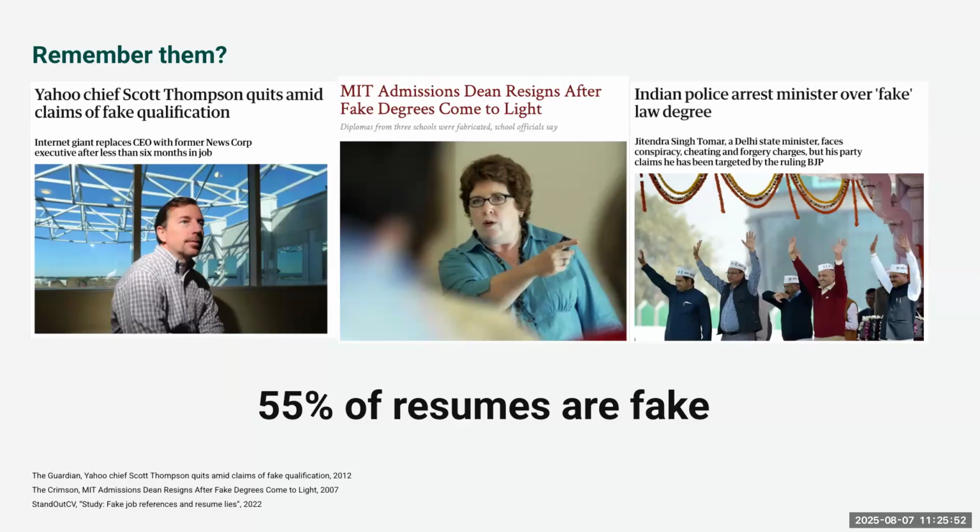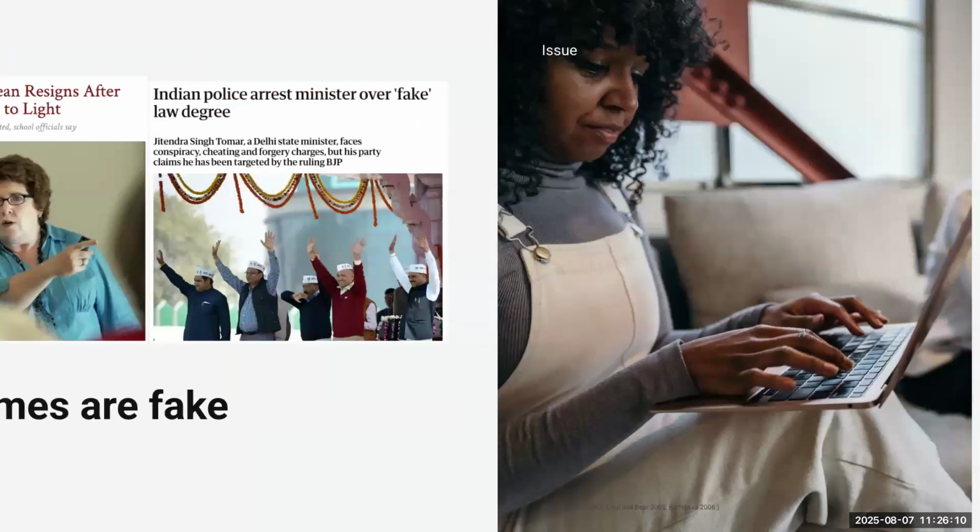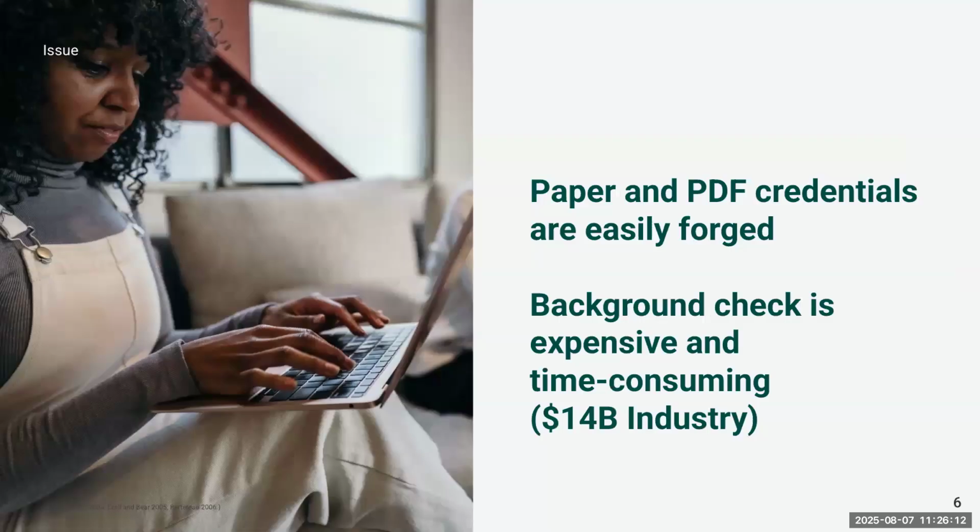And there's some statistics that 55% of resumes, CVs, have some kind of falsified information. This is a lot. And I'm sure none of us are doing this, but there are people who are doing this. And it's because it's very easy. Like you receive paper certificate, right, or PDF certificate.